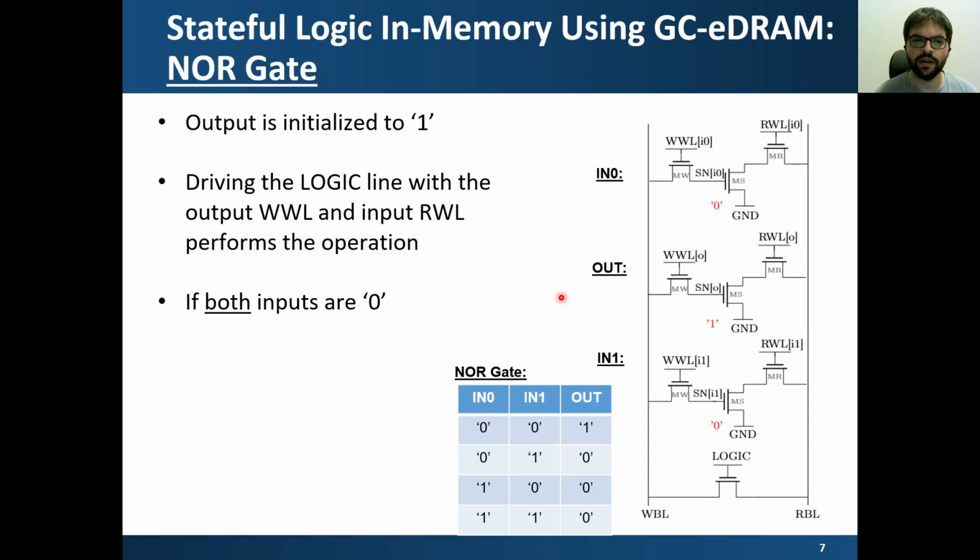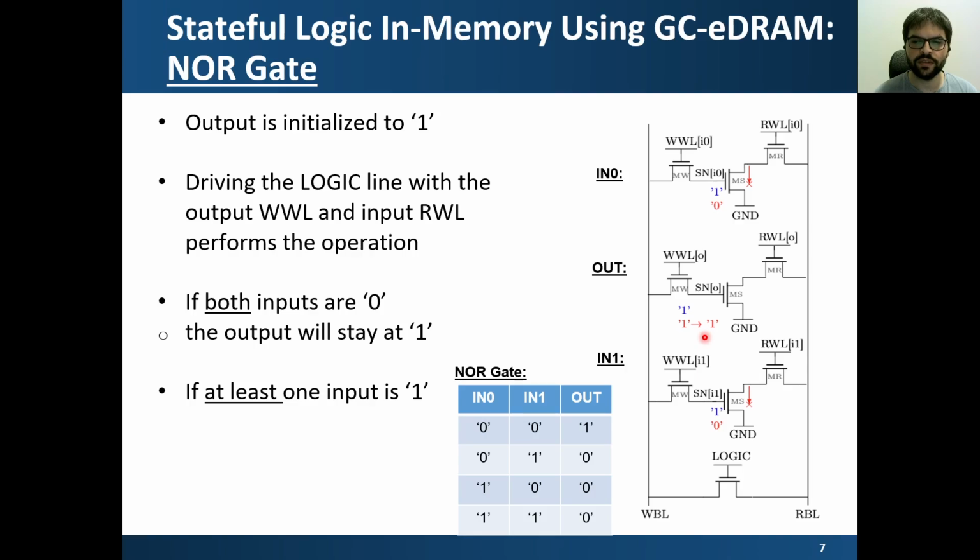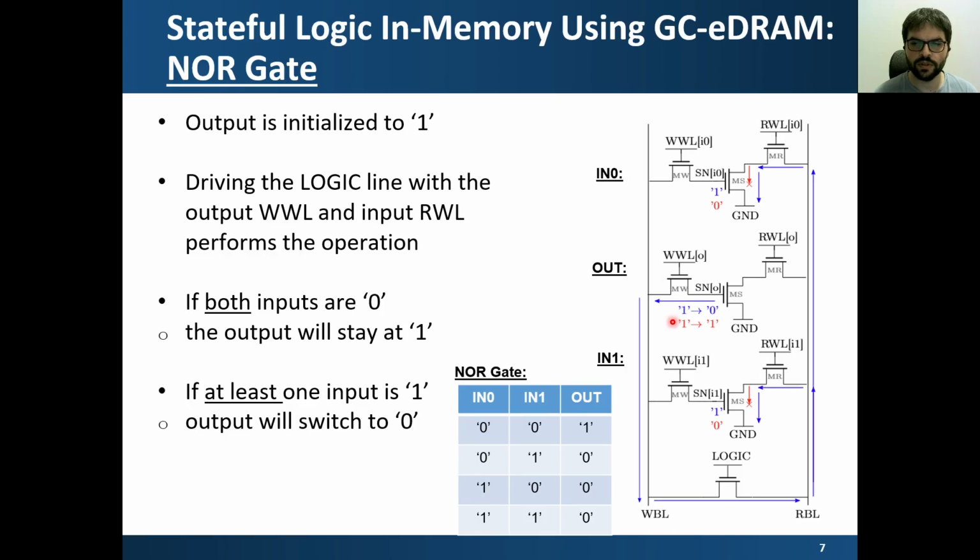And now, if both inputs are logical 0, then again, the transistors will not be conducting. So the output storage node will remain at logical 1, it won't be discharged. But if at least one of the inputs is logical 1, then the transistors will be open, will be conducting, and the output storage node will discharge to 0.